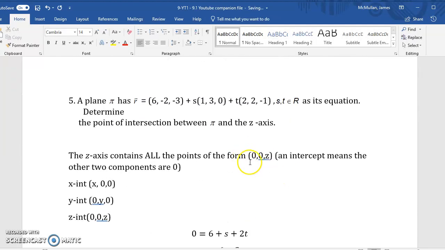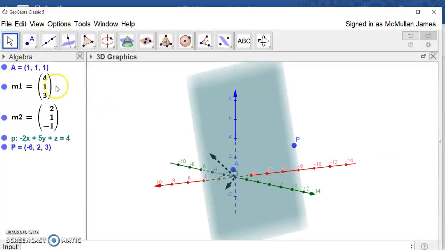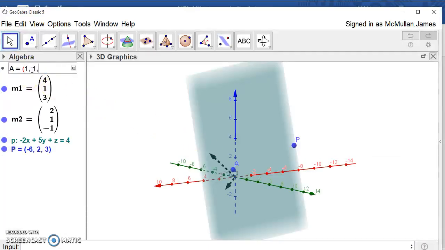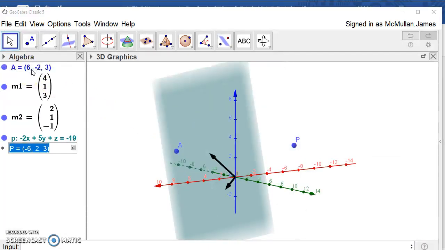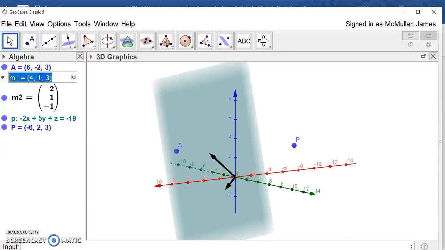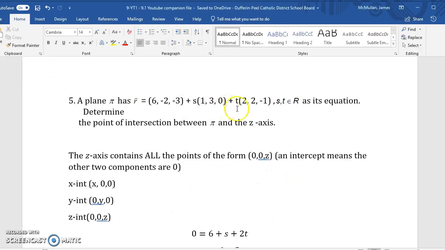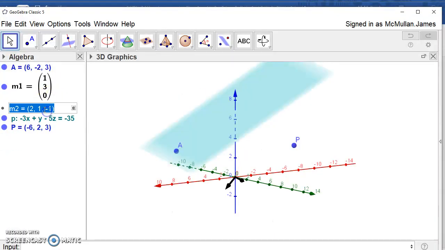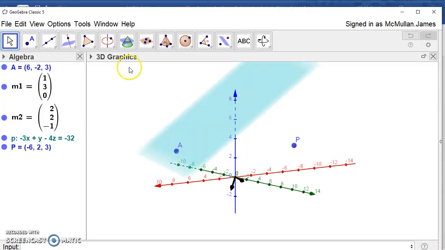To check this, again, we can quickly draw this one. 6, negative 2, 3 is my point. One direction vector is 1, 3, 0. The other direction vector is 2, 2, minus 1.